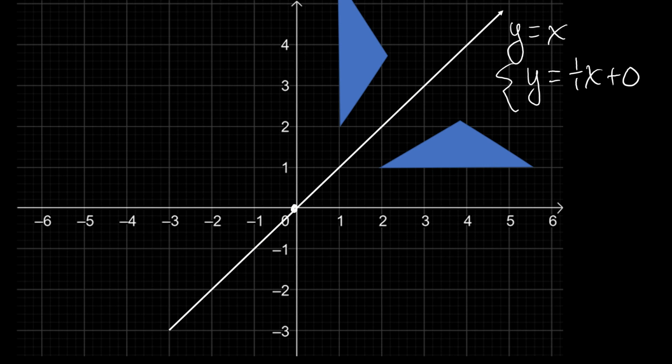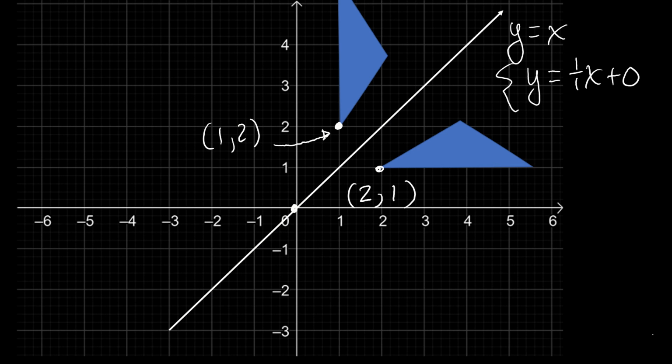When I reflect across that, there's another thing that we observed yesterday, and we'll just track this particular point. If I have the point here where x is 1 and y is 2, right? X is 1, y is 2 is located here. When I reflect across the line x equals y, notice what happens. X becomes the number 2 and y becomes 1. So my x and y have simply switched places, right?